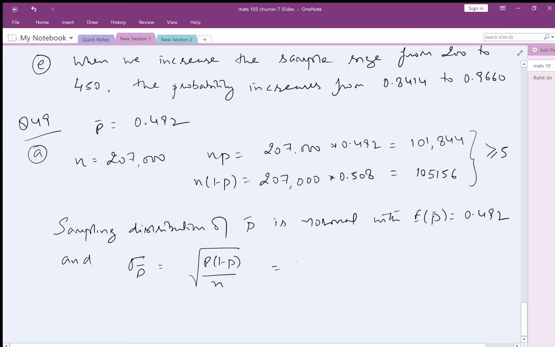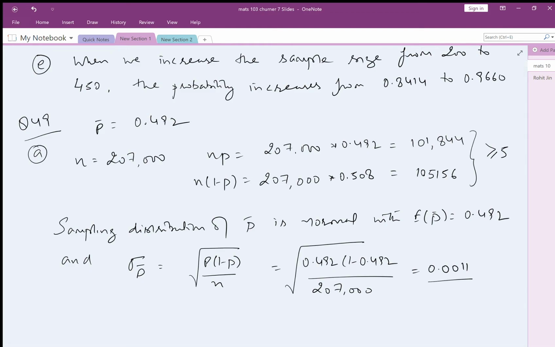So this is equal to the square root of 0.492 times 1 minus 0.492 divided by n, which is 207,000, and that is equal to 0.0011. So that is the standard error. Okay, let's go to part B.